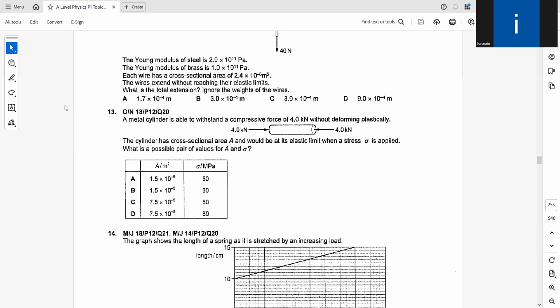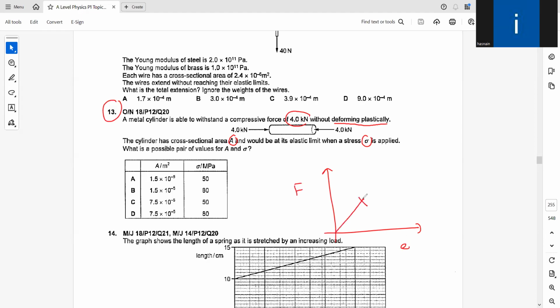The next question is about a metal cylinder able to withstand a compressive force of 4 kilonewton without deforming plastically. The cylinder has a cross-sectional area A and would be at the elastic limit when the stress is sigma. What is a possible pair of values for A and sigma? Say we have a force and extension graph.